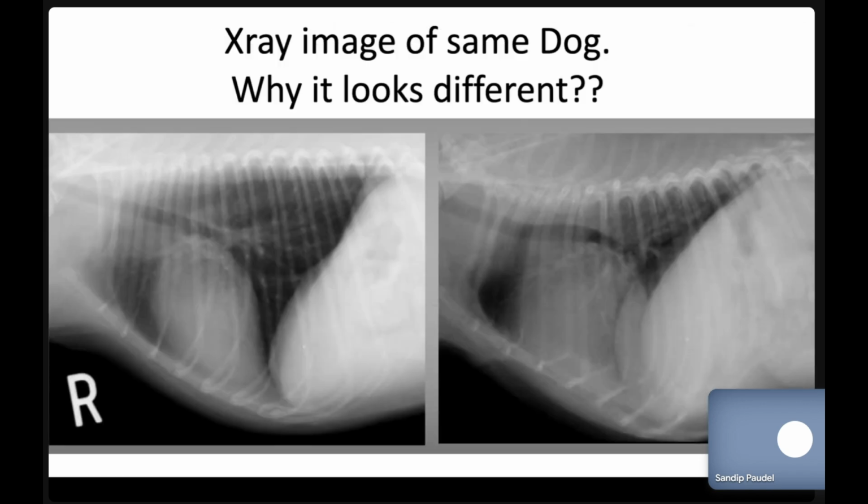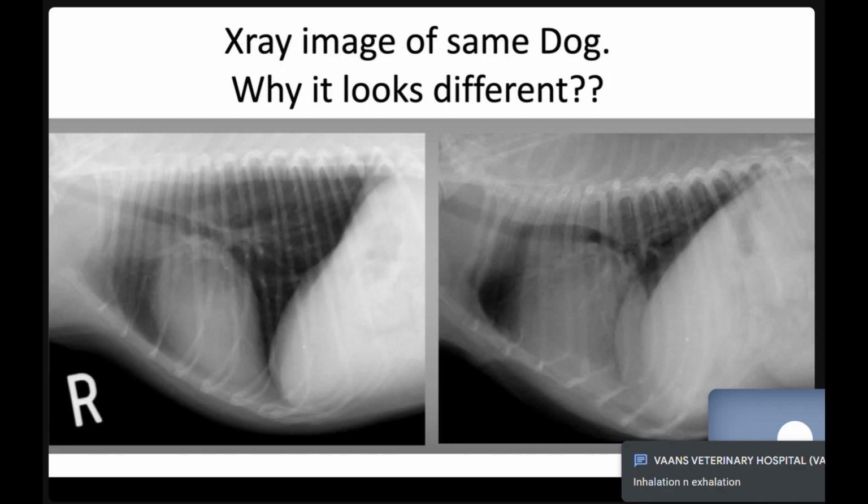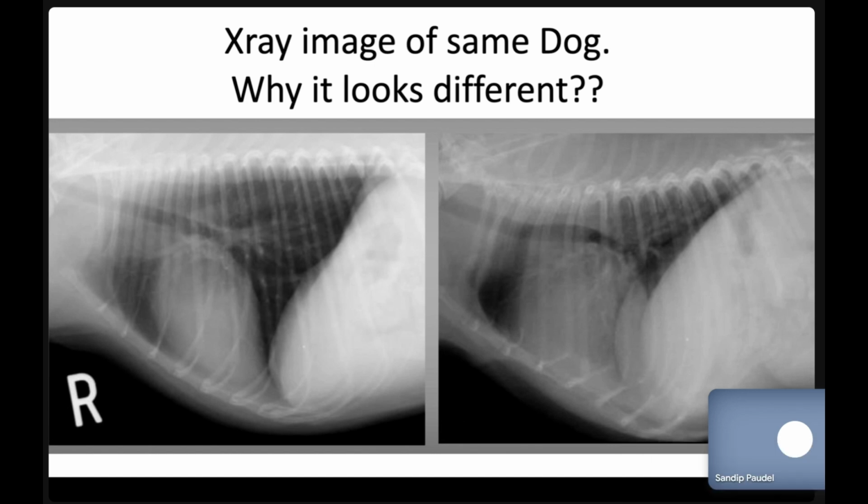Now, the X-ray image of the same dog, why does it look different? It's the same dog taken within 5 minutes. What may be the reason? Because this is really important. Sometimes if we don't correct our exposure technique, we'll get misguided.